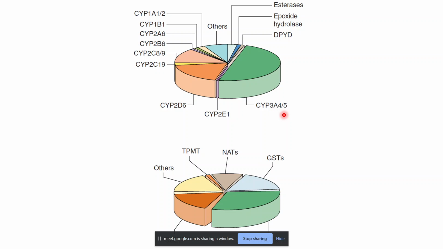Macrolide antibiotics such as erythromycin and its derivatives are metabolized by the cytochrome P3A, and they form a complex with the cytochrome P450 heme iron, and that makes it inactive.